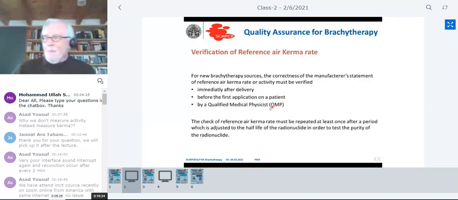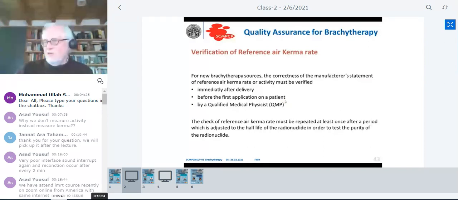In all countries that have regulations on these topics, there is a regulation which asks for the verification of the air kerma rate before the first application of the source on a patient.